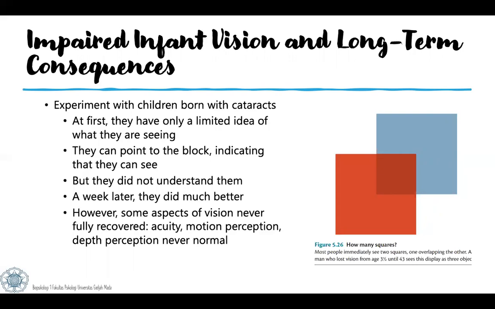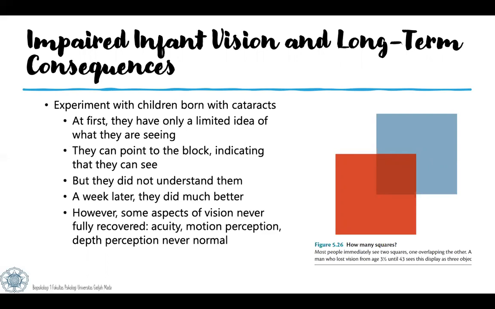In one study, children looked at a picture of a toy building block and another picture with 2 blocks. The task was to point to the block in the second picture that matched the first. The children did well on this task, indicating that they could see. However, when the task was to feel a building block and point to which of 2 pictures was the picture of that block, the performance was only a little better than chance. What does it mean? It means that they could see the pictures, but they didn't understand them.